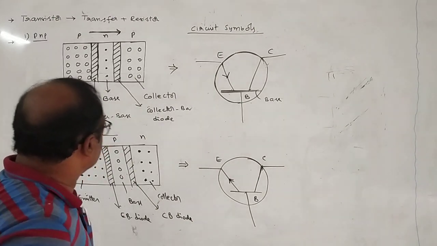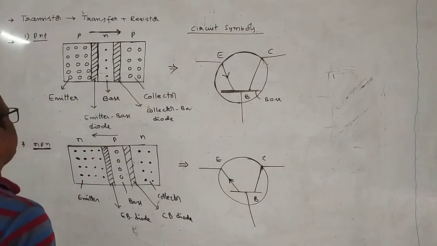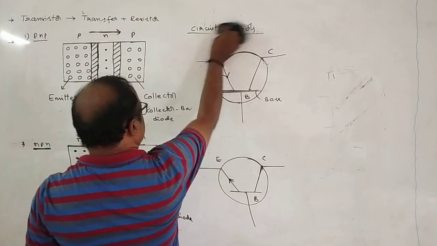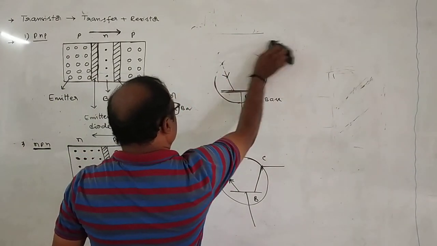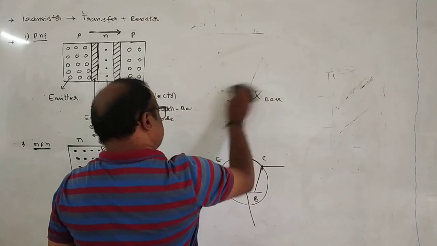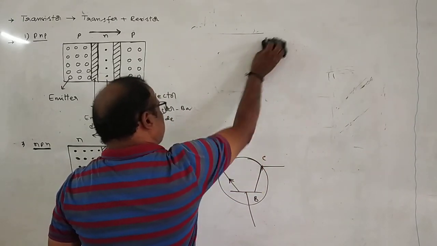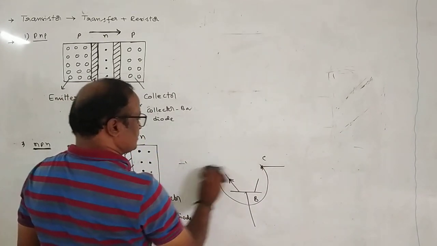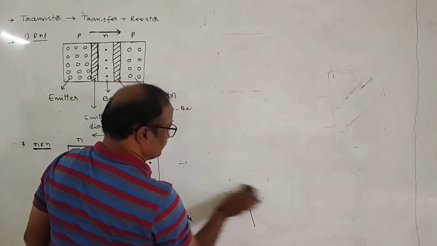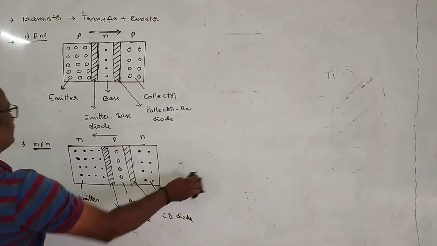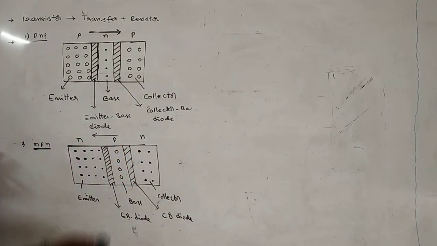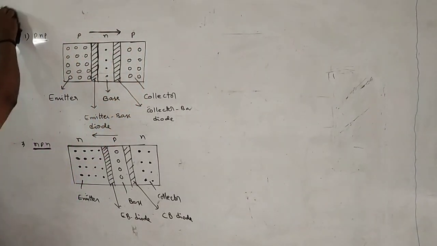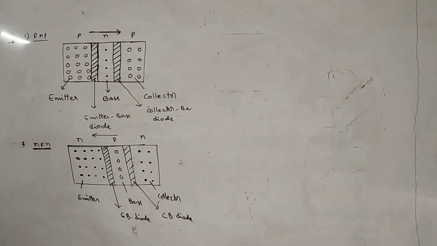Next, what is the working principle of the PNP transistor and also the NPN transistor? Working principle means how a current passes through the PNP and NPN transistor in general. To flow current through the transistor, how many diodes are there?